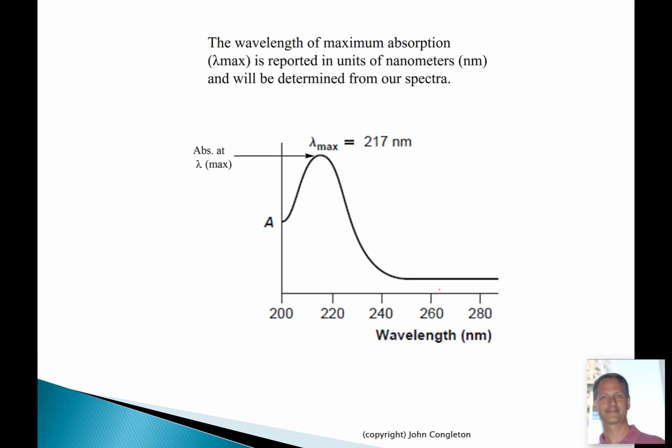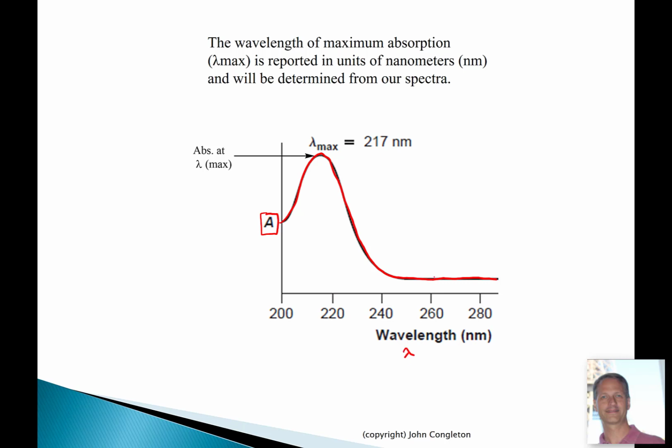Once we provide you data for these UV-VIS spectra, we're going to be finding the lambda max. Often you get this little curve where it comes up to a high peak, plateaus down and trails off to a baseline. Here is our absorbance, and down here is our wavelength.